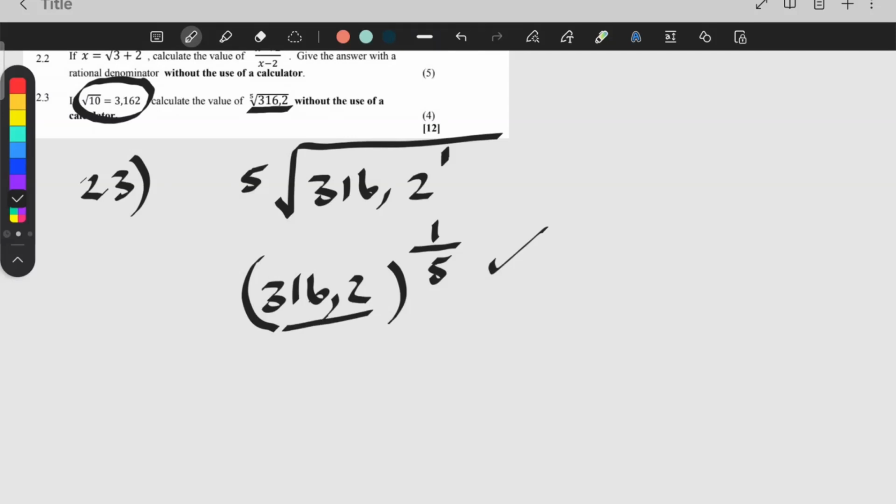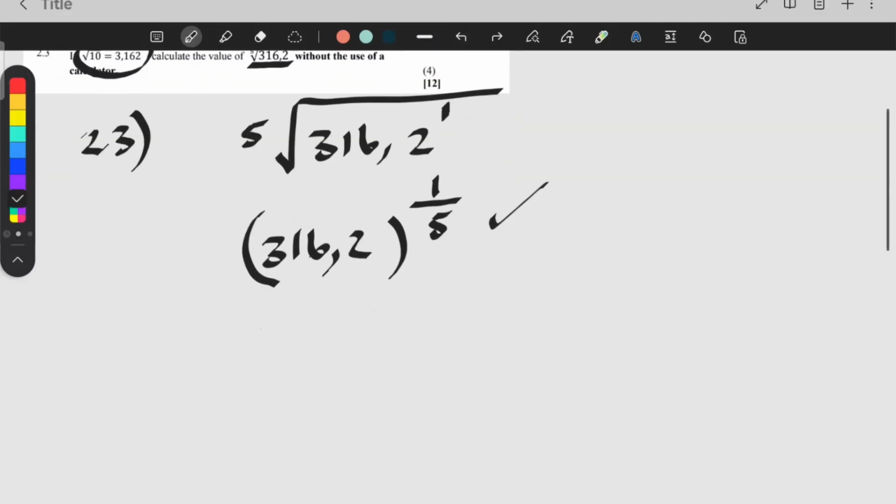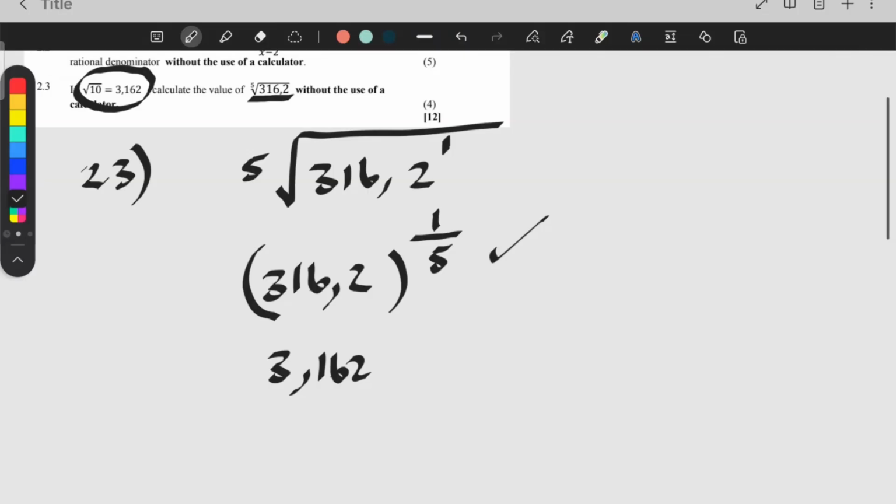So if you look at this, that can be written as 3.162. Why do I use this number? Because there it's given. So if I take that 3.162 and I multiply that with 100, it will give me this answer over there. So I'm going to rewrite that as that to the 1/5.